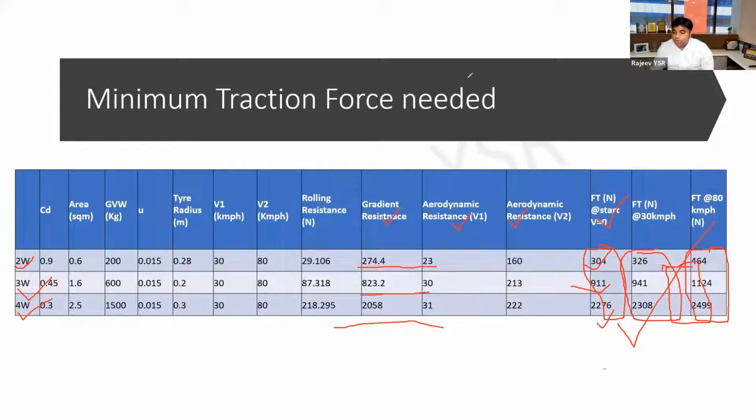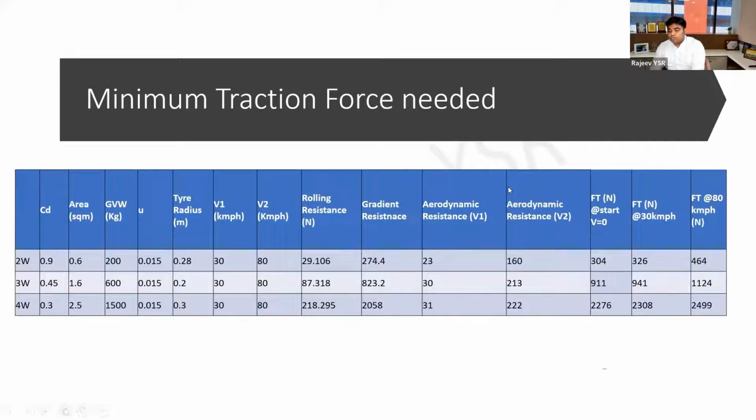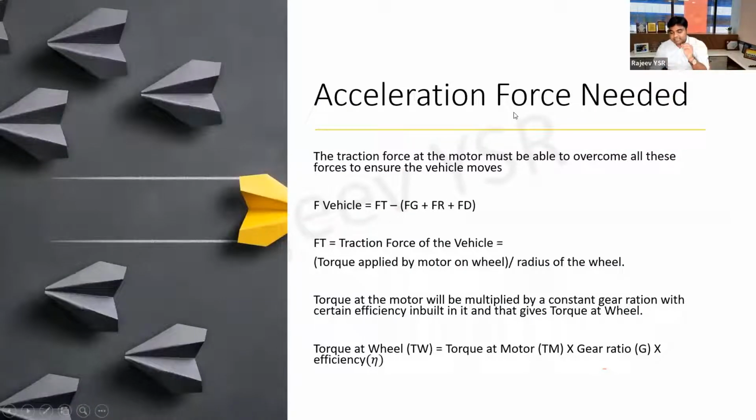Though I have solved this for you and kept it for you, I want you to repeat this exercise. I'm going to explain the same thing in detail now. Now that you have the drag force, the rolling resistance, and the climbing or gradient force, all these three put together must be overcome for the vehicle to move.